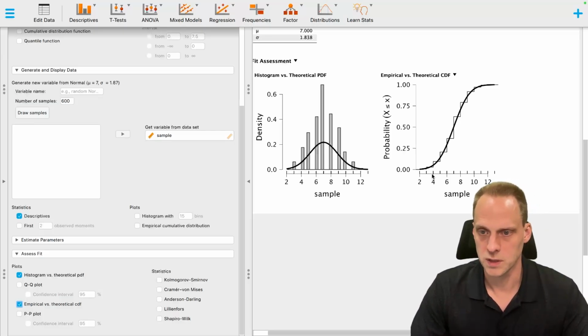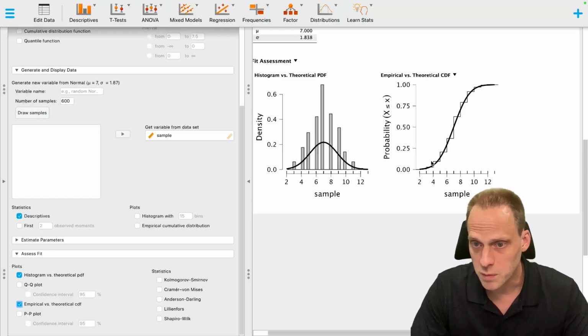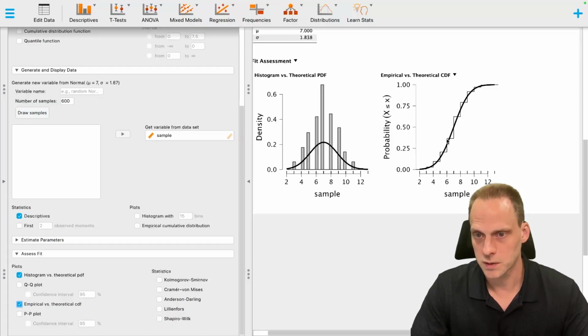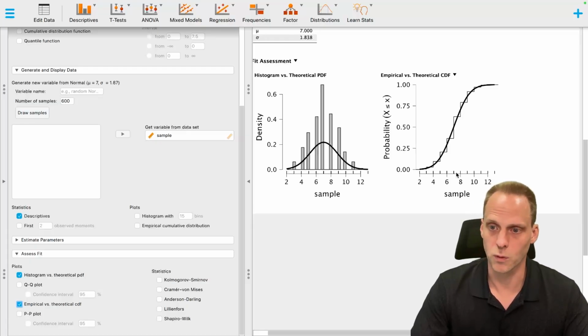And this tells me in the sample there are, what would this be, 10% maybe? 10% of the values are 4 or lower. For 6 it would be about 45% maybe. 45% are 6 or lower. 7 is above 50%. So 7 or lower, that should be more than 50% because 7 is the average here. That's how we can read off this plot here. Basically at these points we can look.